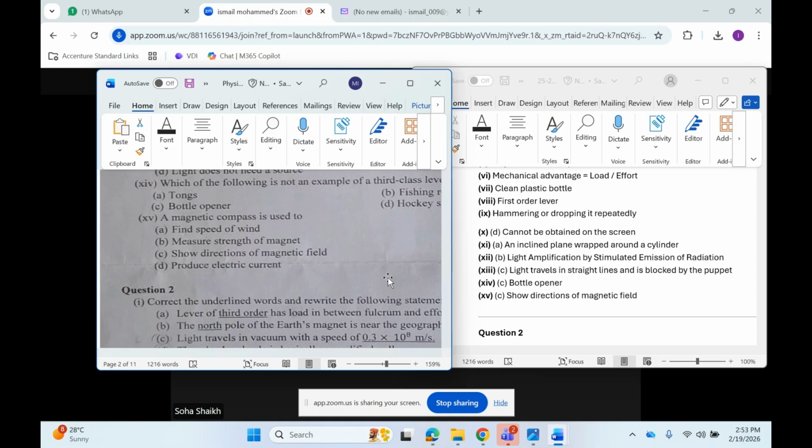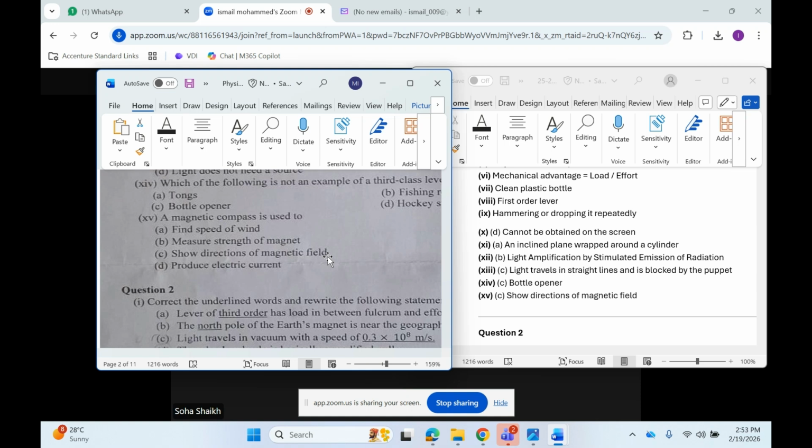Second order. Very good. It is second order, not third order, because you have effort, then load, and then the fulcrum. The fulcrum is the point where the bottle opener fixes with the bottle. So it's second order.